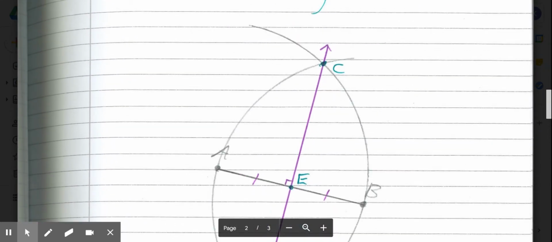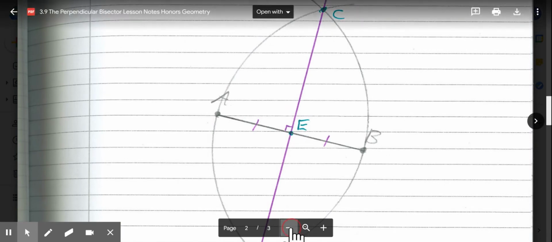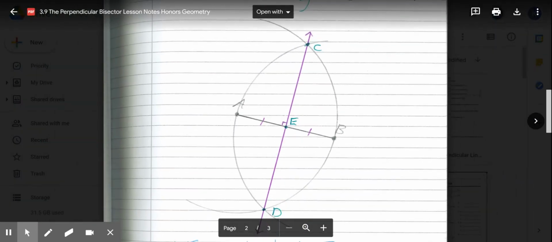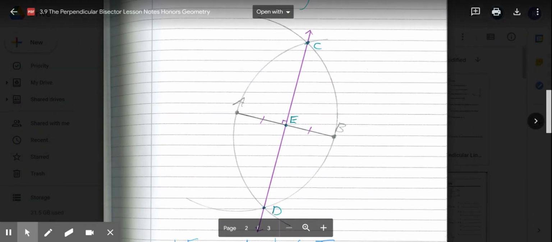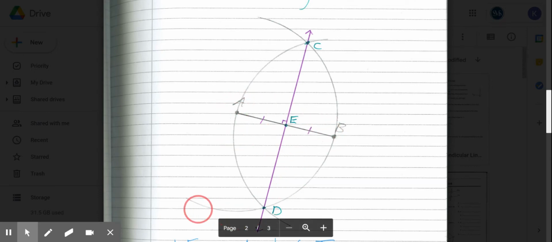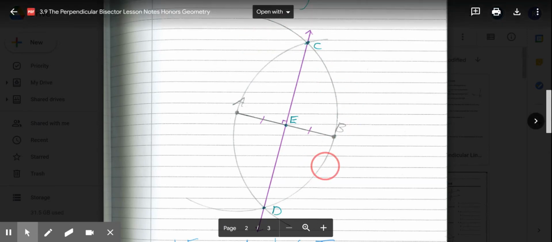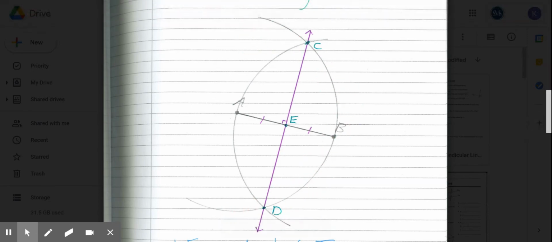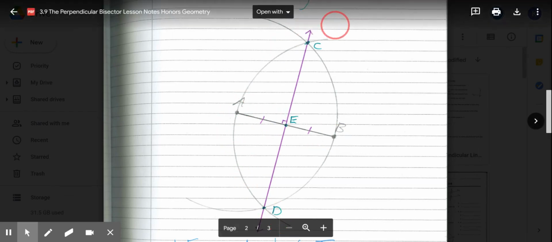If we look at this drawing here, it was based on first having segment AB. You set the point of the compass at A and set it to the width of B. From point A, you would start to draw your circle through point B. Then you set the compass at point B, set the distance to A, and start to draw that circle.